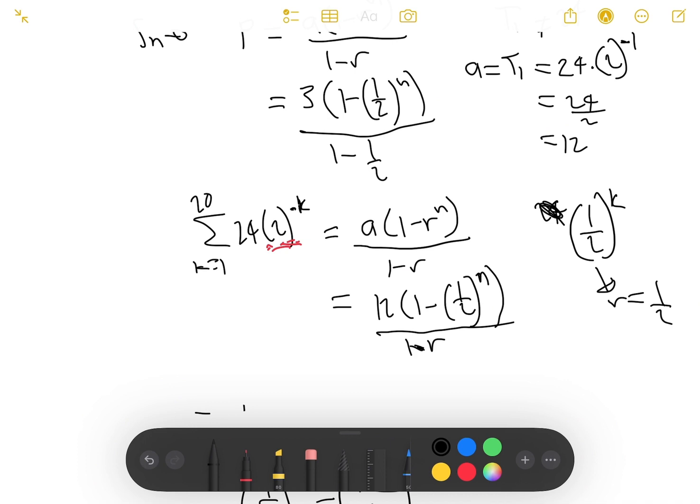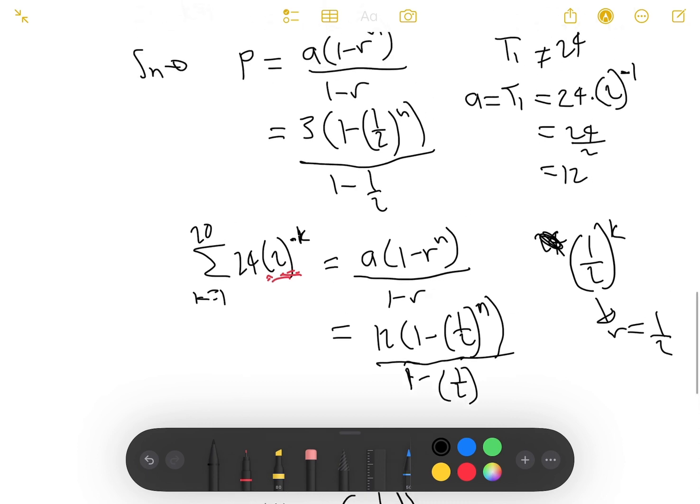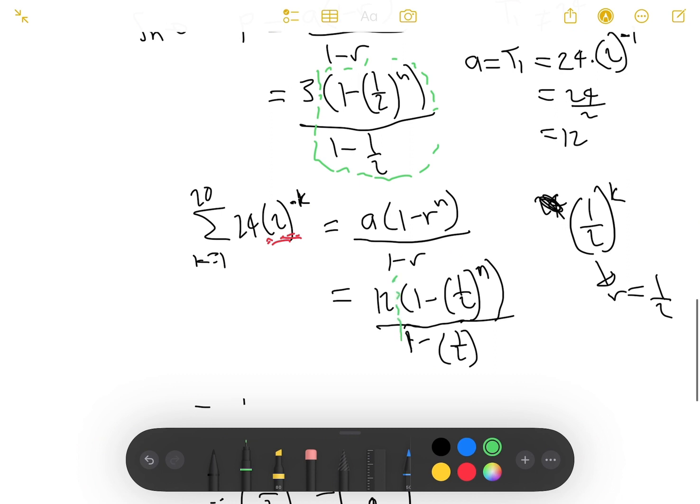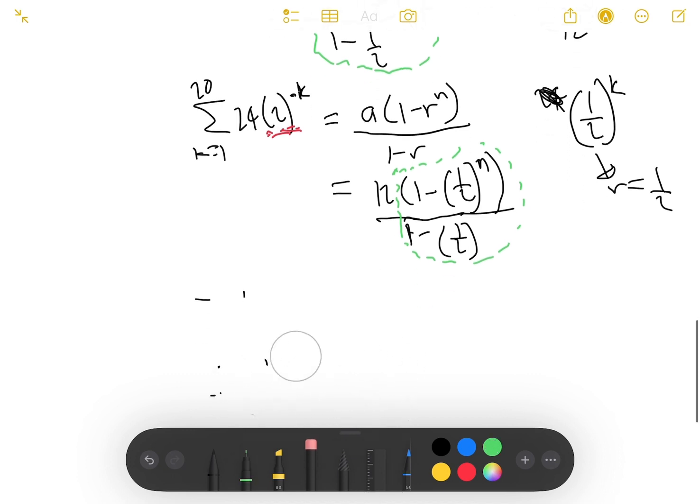Of which, okay, sorry, here we know we had noted our r already. This is 1 minus half, right? One thing that you'll notice that is common here, let me highlight it for you, is this part here and this part. They are the same, right? I hope you are able to see that.